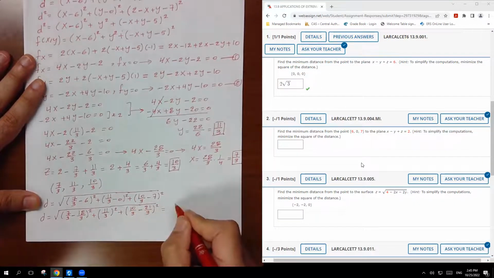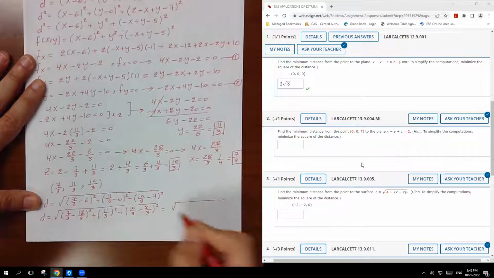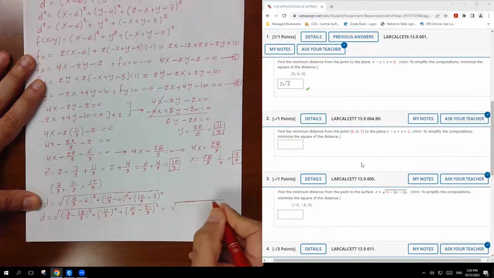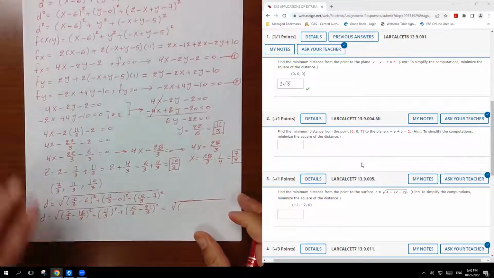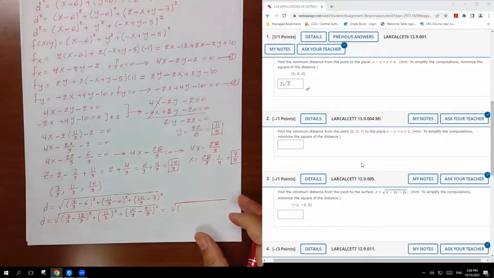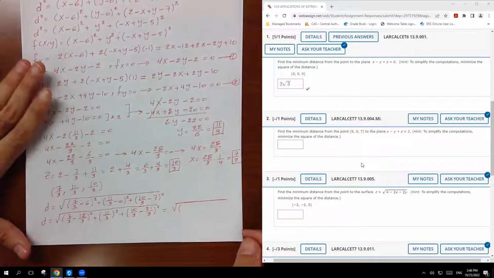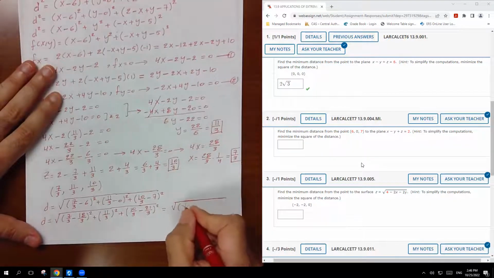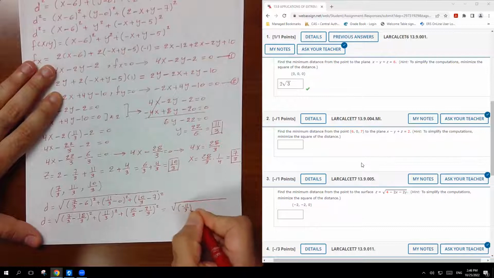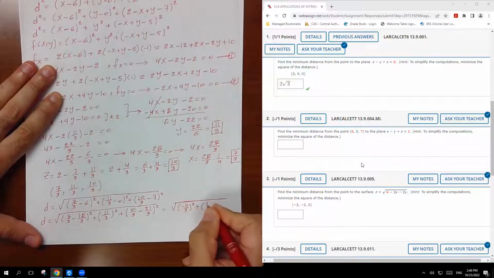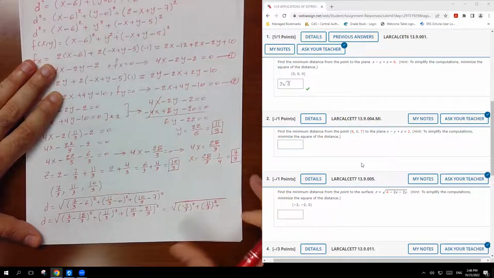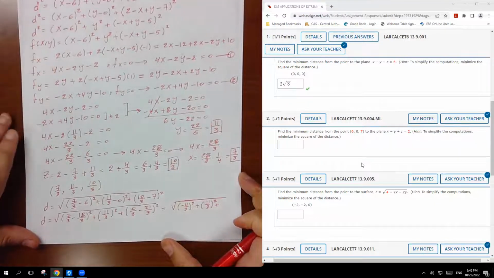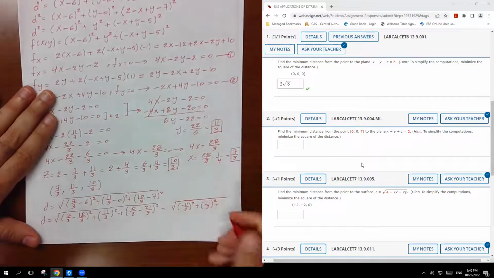And the result is going to be the square root of this one. 7 minus 18 is negative 11 over 3, squared, plus 11 over 3 squared, plus 10 minus 21, which is negative 11 over 3.